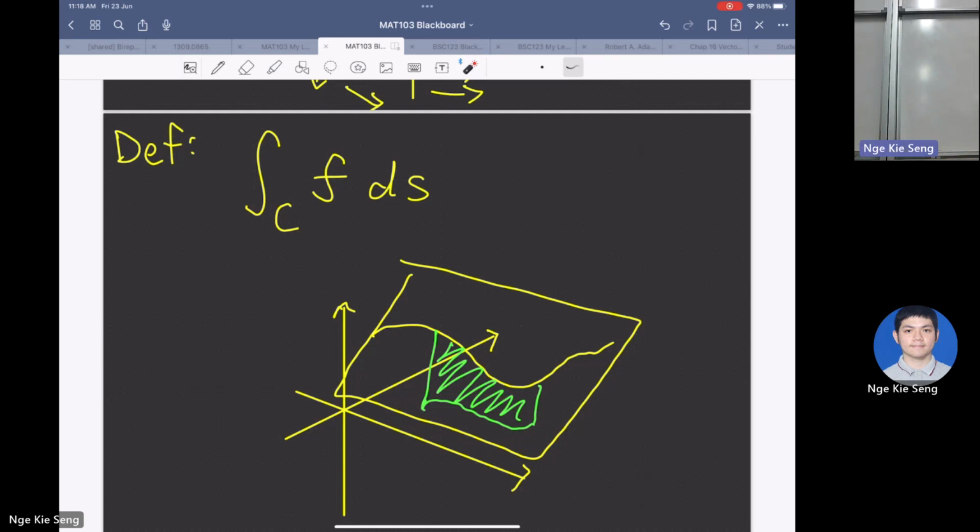Can you find a way? For example, here this one is x1, y1, here maybe x2, y2. What's the convenient way to collect all these points?